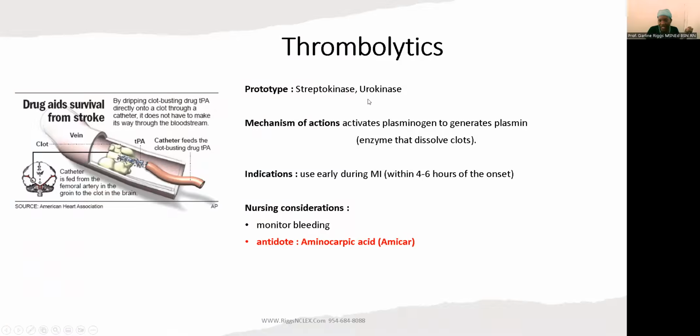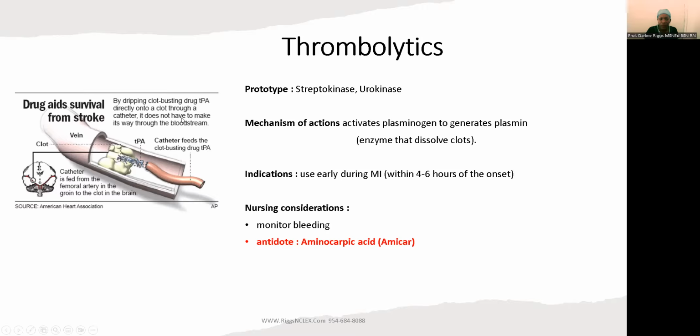TPAs, streptokinase, urokinase: their mechanism of action is that they activate plasminogen, which causes lots of generation of plasmin. Plasmin are clot busters. They literally annihilate clots and make them tiny, so when they're small like that, they don't cause damage.